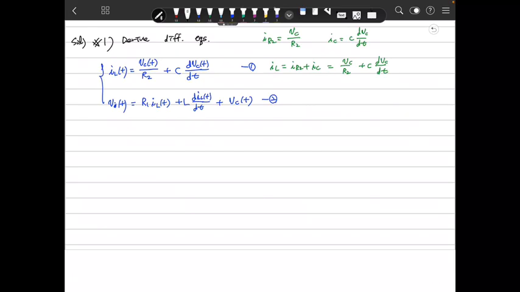Then what should we do? Step 2 is the Laplace transform.